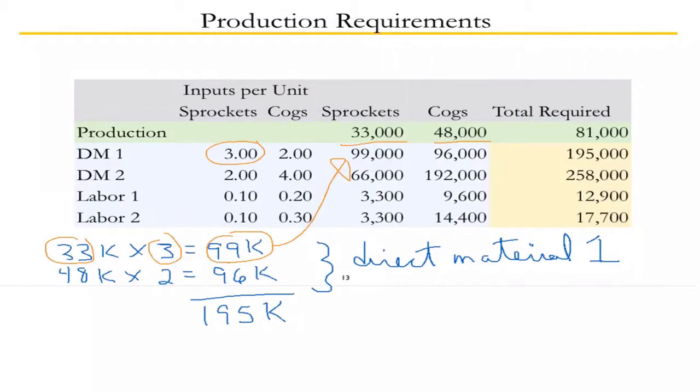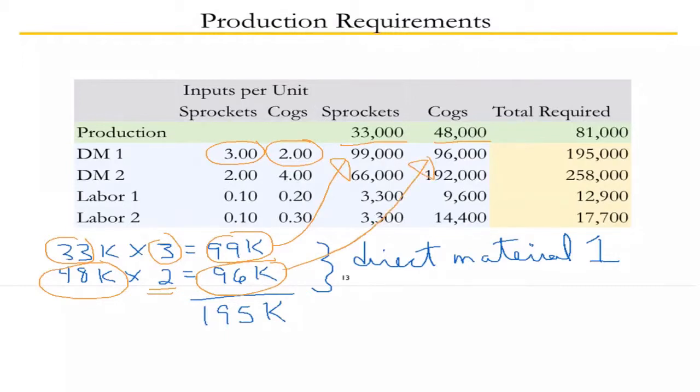Now, direct material 1 is also used in cogs. There are 48,000 cogs to be produced, and each cog uses 2 units of direct material 1, so there's the 2, and we get 96,000 units, and we can see that right over here.